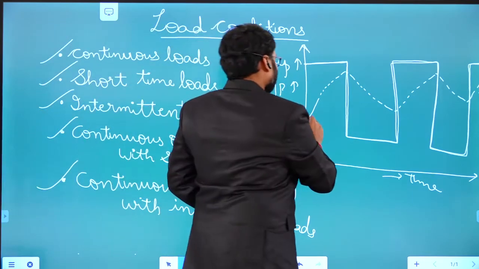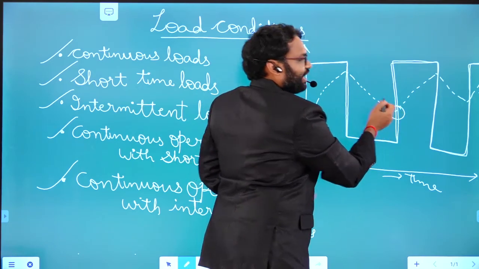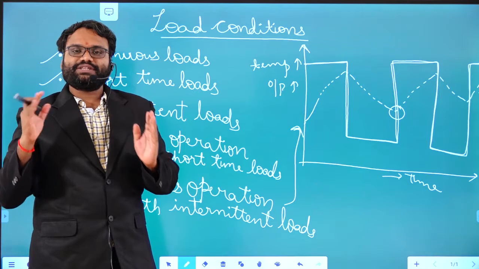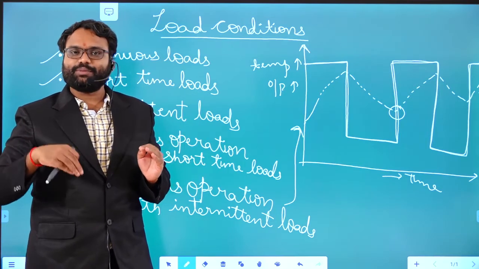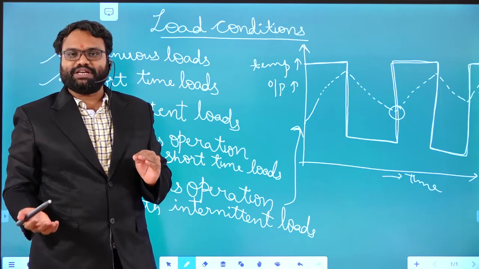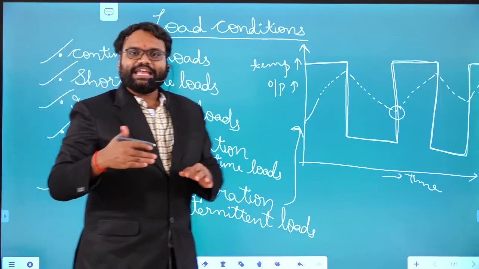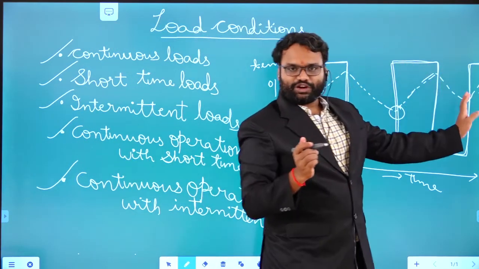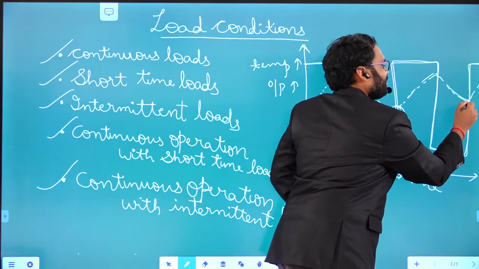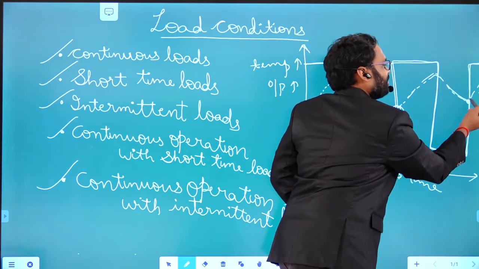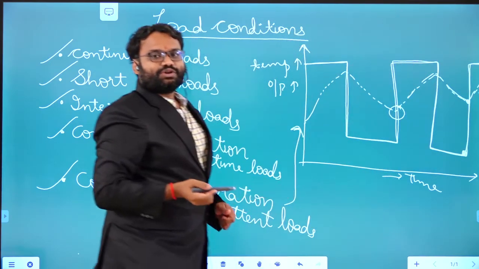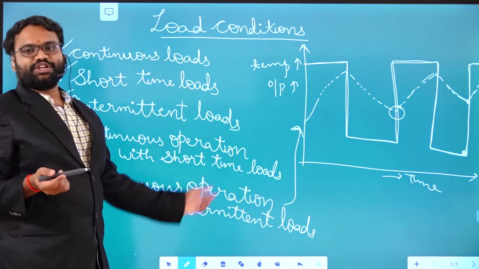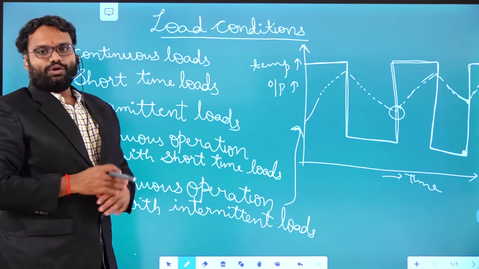As we discussed, in intermediate loads we provide some offload condition, but not sufficient time, so the heat built up in the motor cannot dissipate completely. Before it dissipates completely, the loading increases again, so the temperature increases; again the offload condition, again it decreases, and before it reaches its minimum value, it increases again. This kind of loading condition we call continuous operation with intermediate loads.